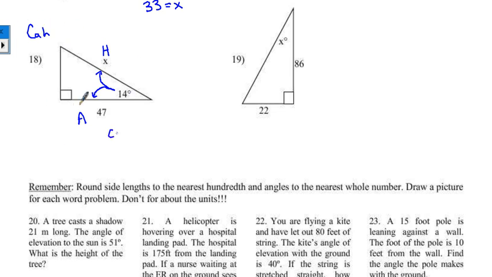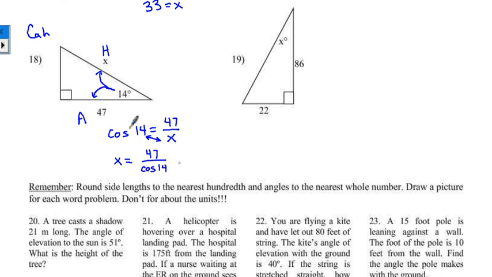So the cosine of 14 is going to be equal to the adjacent side, 47, over the hypotenuse, x. Remember, when x is on the bottom, you switch them. That makes it x equals 47 over cosine of 14.